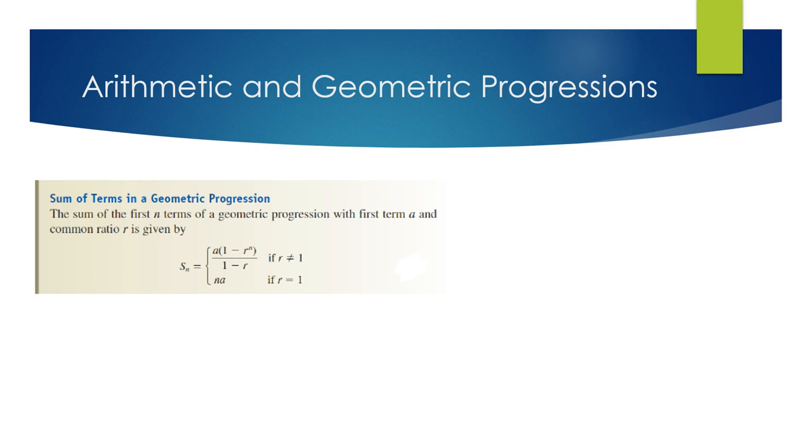The sum of the terms in a geometric progression. Now, since we're looking for a common ratio, we usually assume that r is always positive. A common difference could be positive or negative, but common ratios tend to just be positive, because if r is negative, that runs into some difficulties.